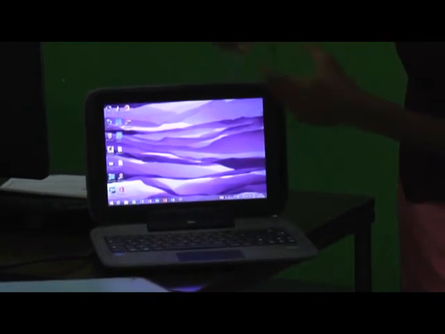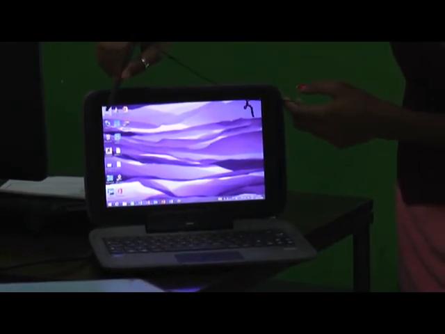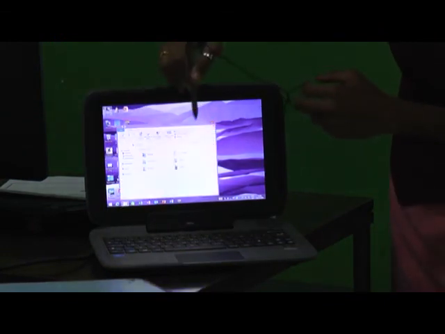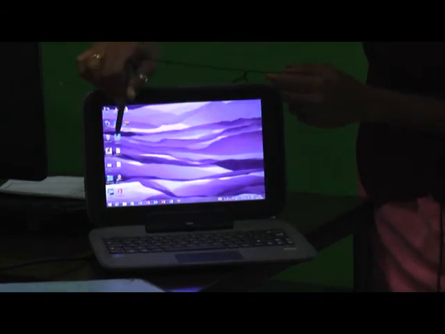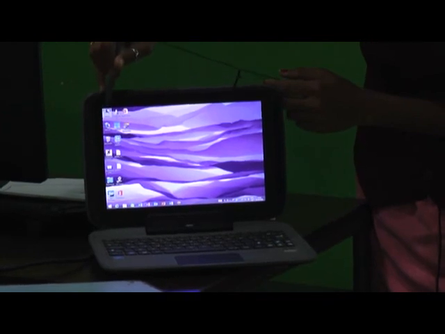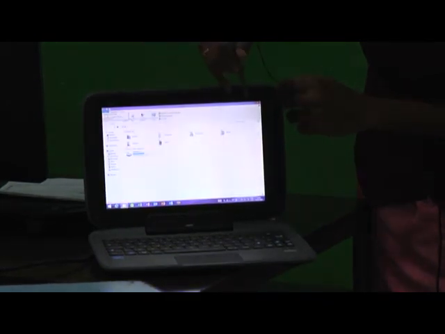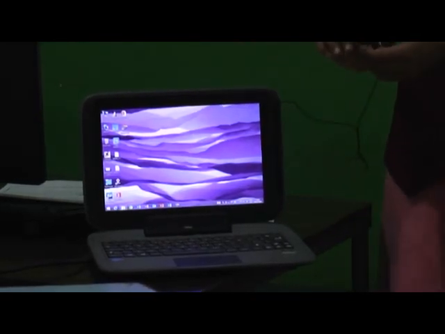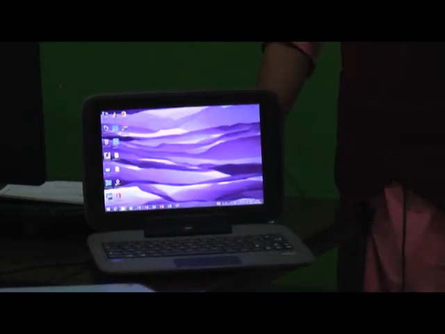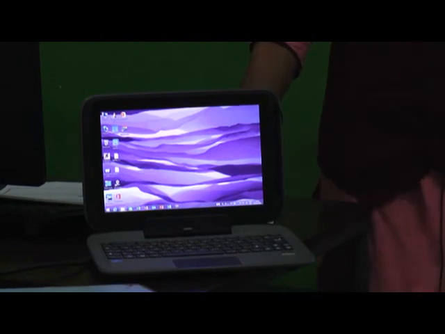Now you see. If I want to open this, see here. How can I operate it? By using a pen. Okay, if I want to minimize, then I will minimize. Now we will see in detail about tablet PCs.